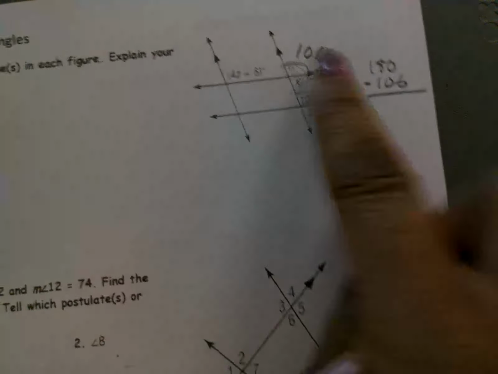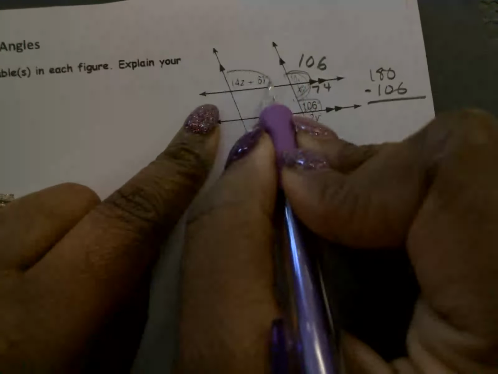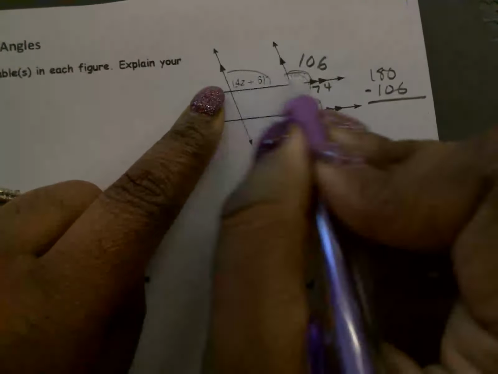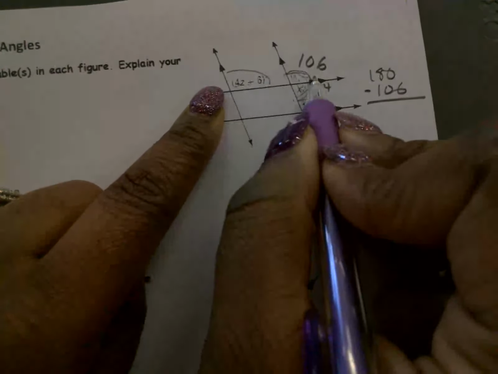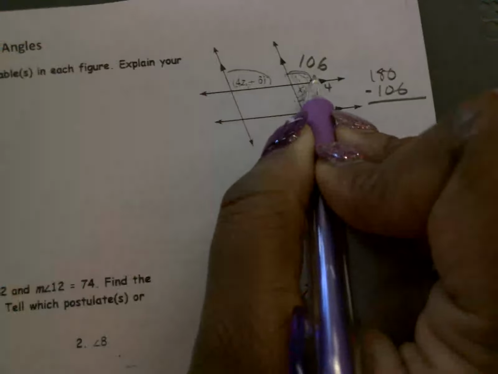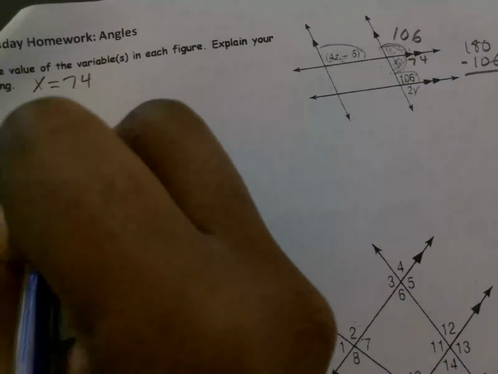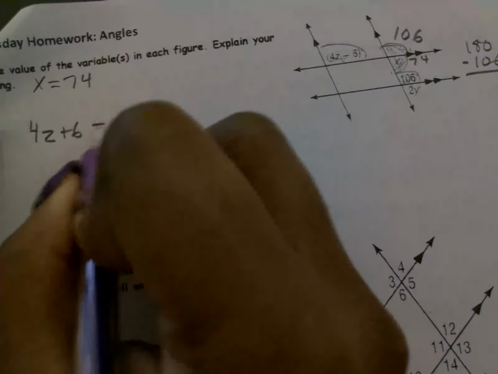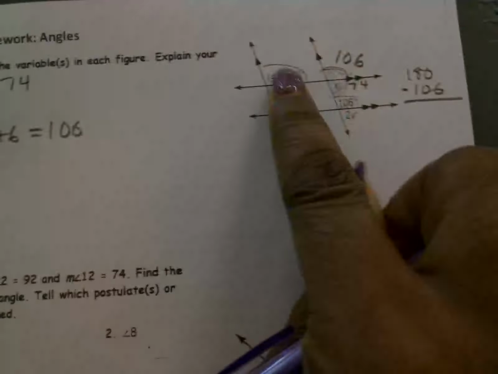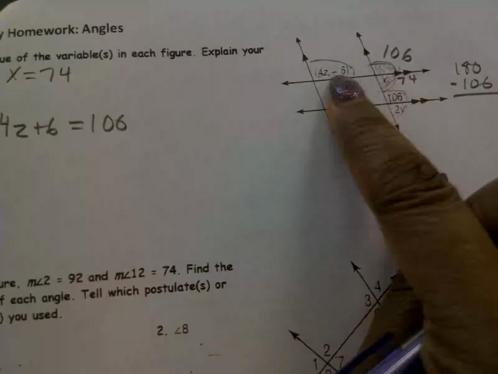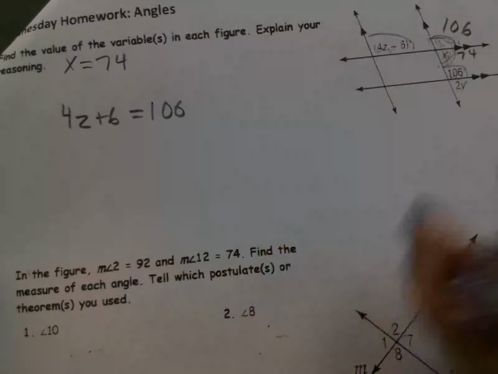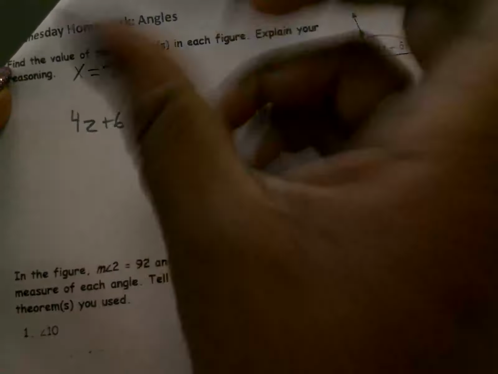Now what we know about this angle and this angle right here is that they correspond. They are equal. So you can set these equal to each other. This is going to be 4z plus 6 is equal to 106. They are equal to each other in measurement because they correspond. So now all you're doing, let me make this 106. It looks weird.